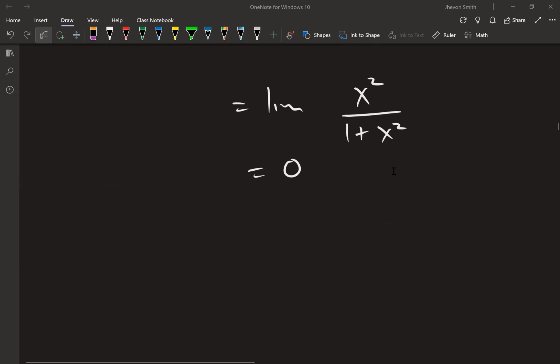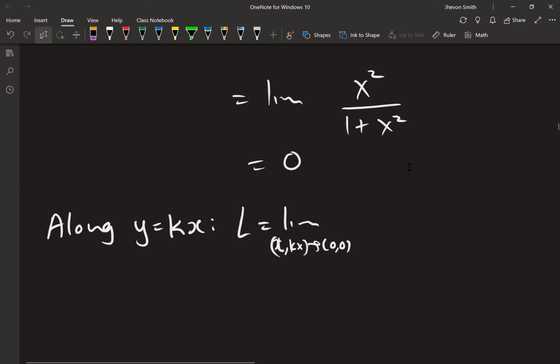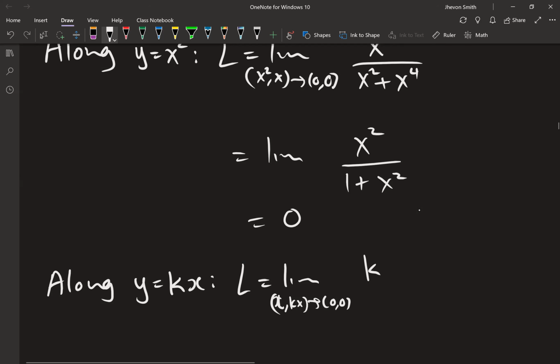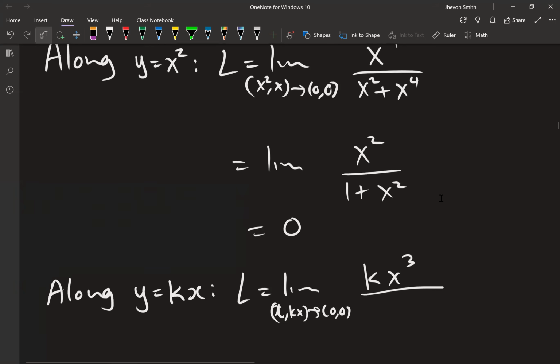You know what works sometimes? Sometimes you can go along y equals a constant times x, where k is a constant, to see what would happen. L is equal to the limit as (x, kx) approaches (0, 0). If y equals kx, that would look like x times kx cubed over x squared plus k squared x squared.